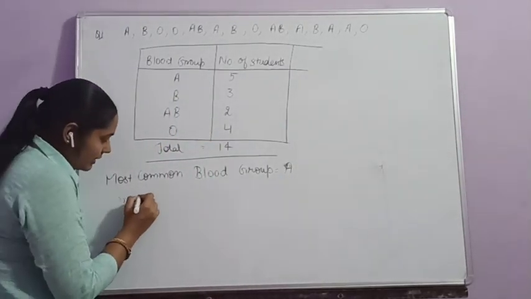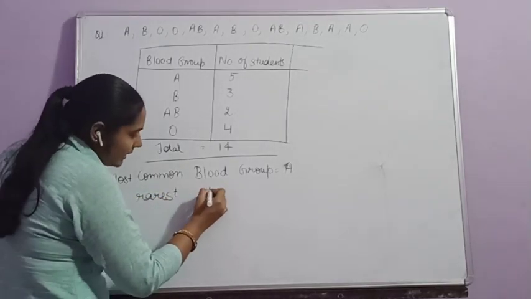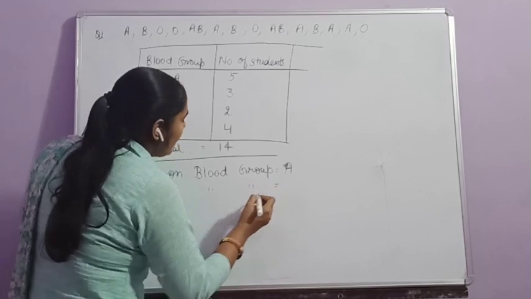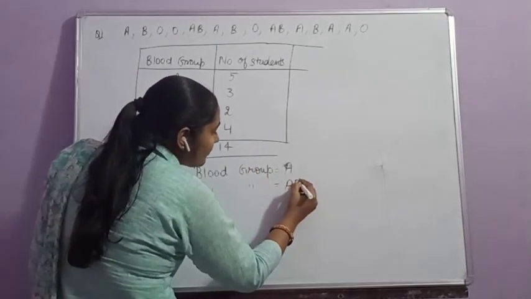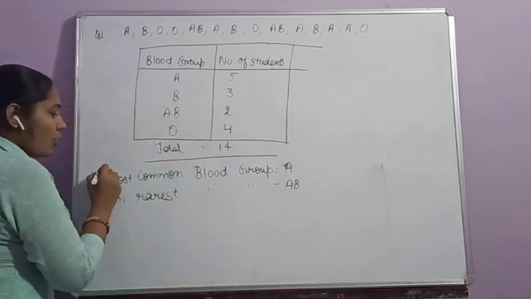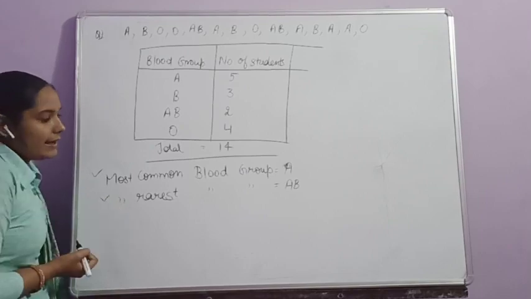Similarly, the most rare blood group, that is, the blood group found very rarely, according to this will be AB. Clear? That will be the most common blood group, that is A, and the most rare blood group AB.